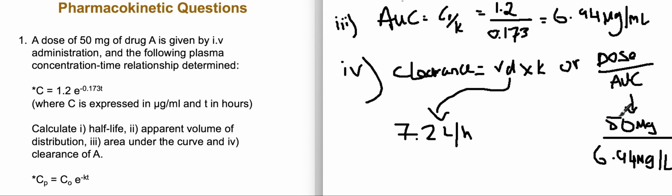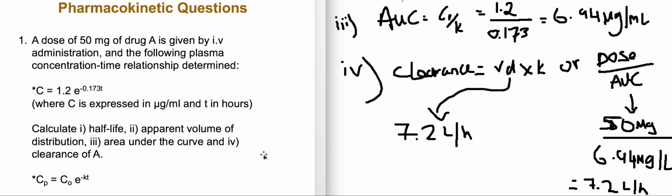So milligrams is obviously bigger than micrograms. Again, you get the same value of 7.2 liters per hour. Okay, so there you go. That's how you work these questions out.